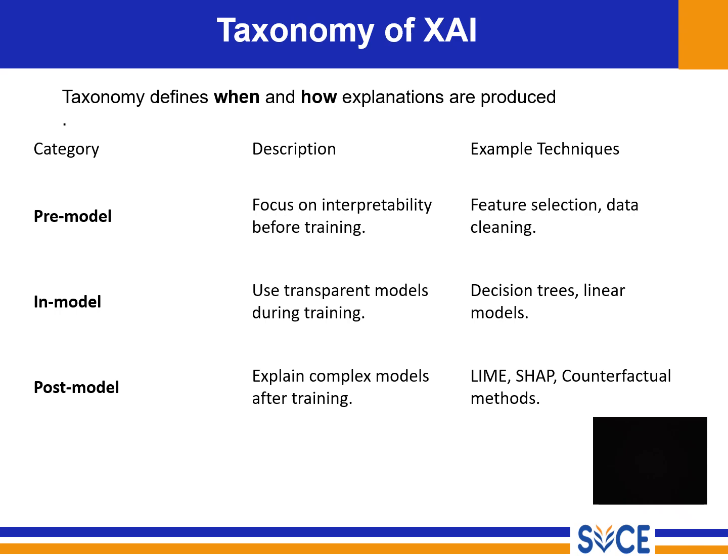Feature selection means choosing only meaningful features, and data cleaning means removing noise and irrelevant data. So a simple explanation: this is like preparing ingredients before cooking. If the ingredients are clean and clear, the final dish will also be good and easy to explain.